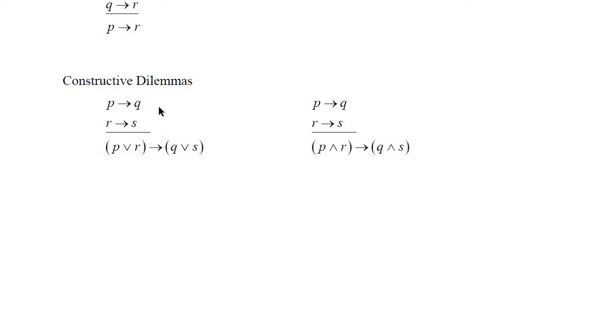If I have if P then Q, if R then S, then a valid conclusion would be: if P or R, then Q or S. Also, if I have if P then Q, if R then S, then a valid conclusion is if P and R, then Q and S. So those are all valid conclusions.